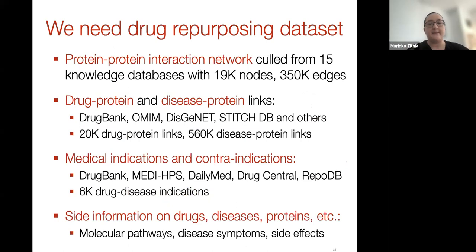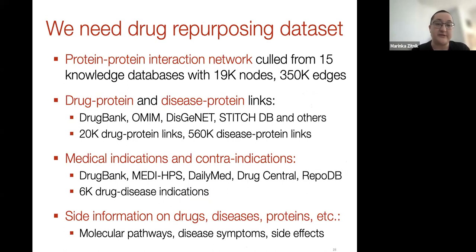To use the method for the problem of drug repurposing, we collected and constructed a large drug repurposing dataset. That dataset consisted of a protein interaction network for humans, collated from over 50 knowledge databases.